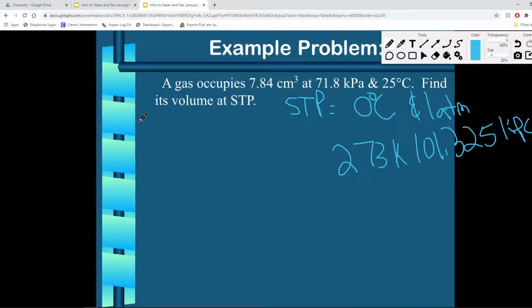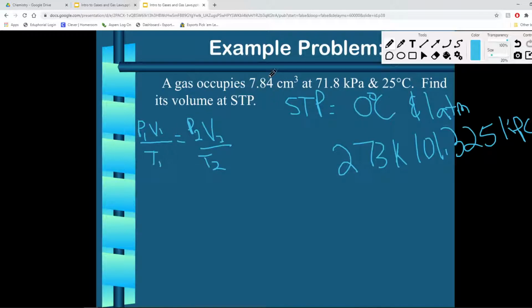So our equation was P1V1 over T1 is equal to P2V2 over T2. And we're just going to start plugging stuff in.